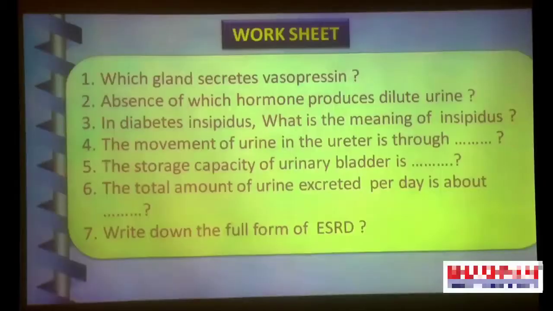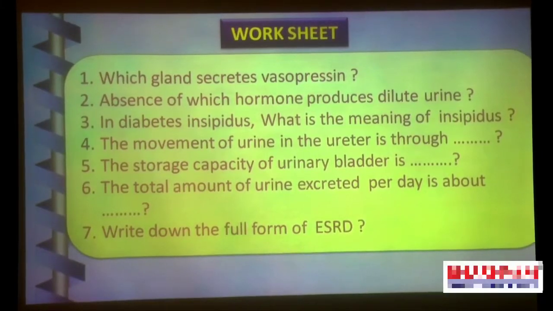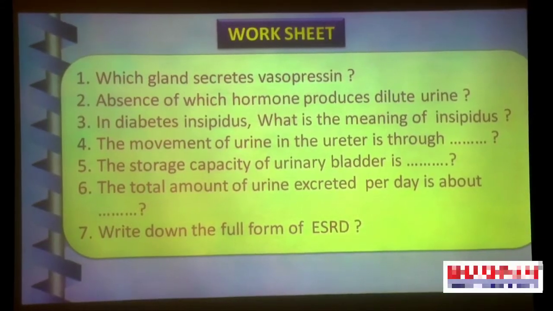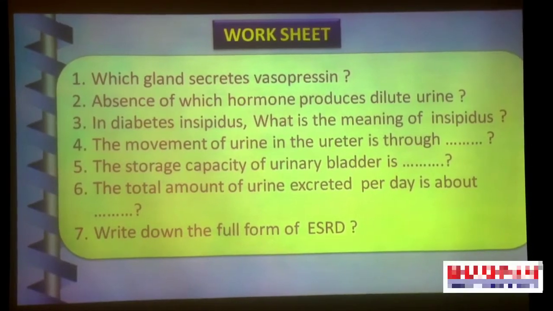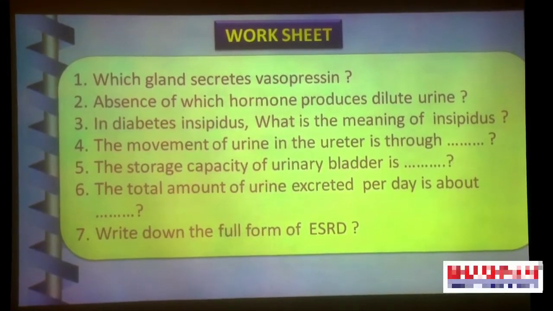Clear now? Dear students, I hope you understood the class, and based on that I am going to ask you some questions. Try to give your answers. Which gland secretes vasopressin? Absence of which hormone produces dilute urine? In diabetes insipidus, what is the meaning of insipidus?